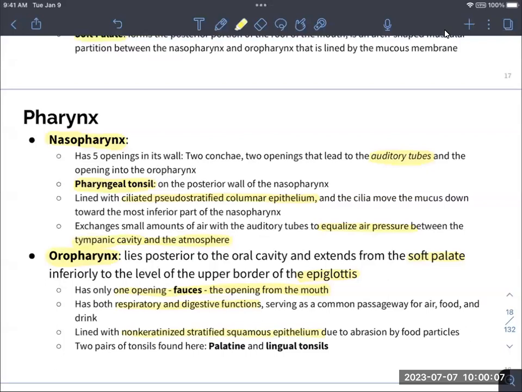So stratified squamous epithelium is designed for that wear and tear. We have two tonsils in that oropharynx: the palatine tonsils and the lingual tonsils. Again, it's your immune system working on anything that goes in through your mouth, trying to prevent you from getting sick.